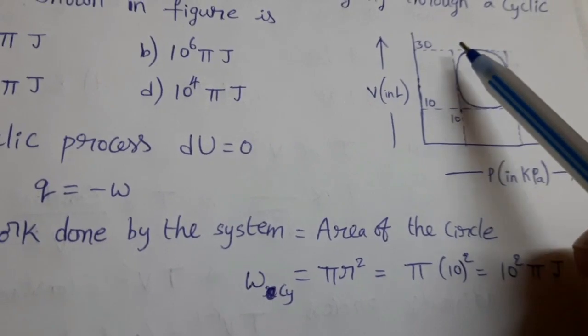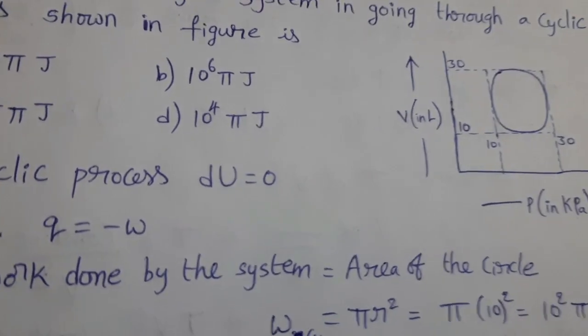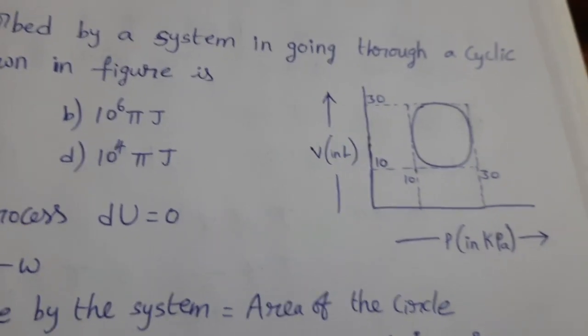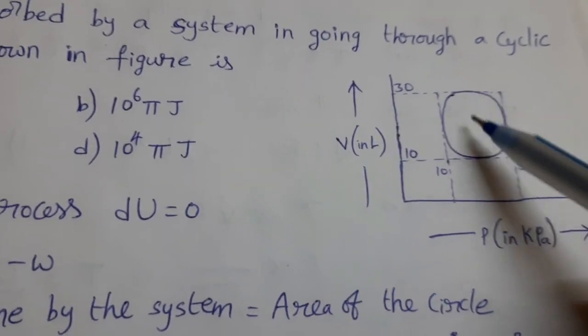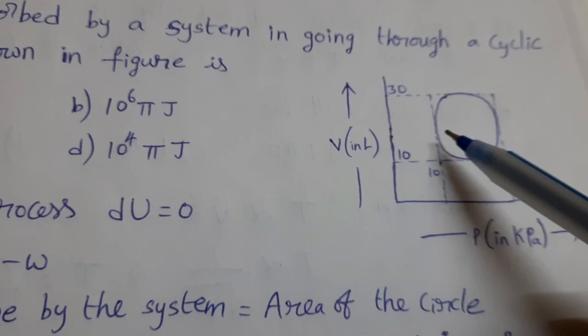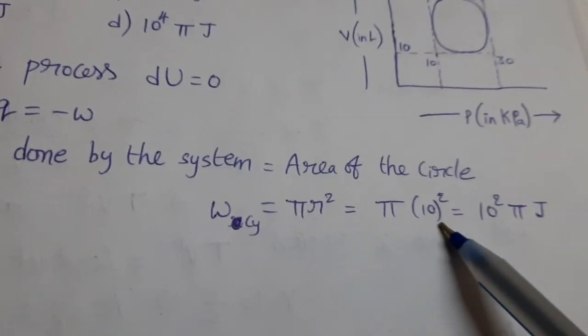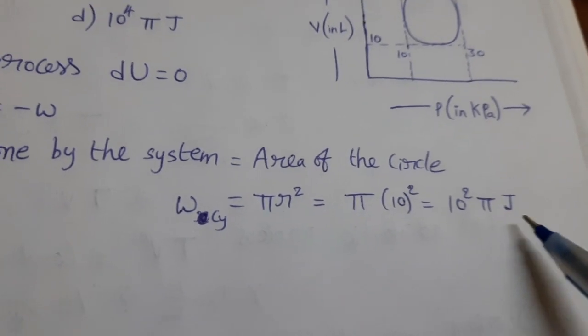Here also the same thing: 30 minus 10, if I subtract, we get 20. That 20 is the diameter of the circle, but we want the radius, so the radius is 10. Pi r squared, pi into 10 squared, equals 10 squared pi joules.